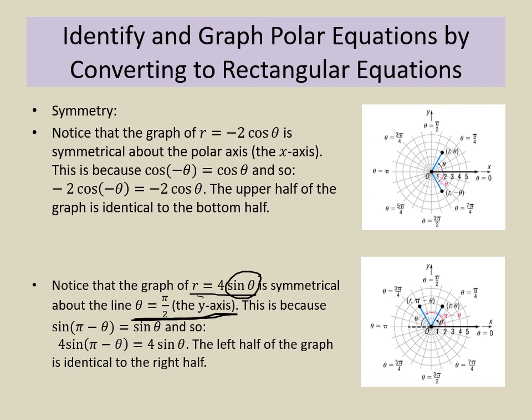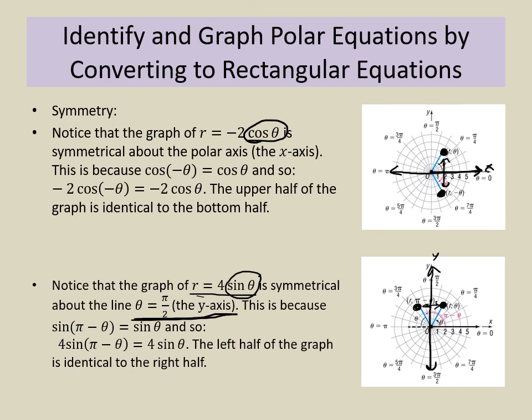So any point in polar coordinates that's going to be on that side is going to have its symmetrical point on the other side about the y-axis. And anything that has a cosine of theta is going to be symmetrical about this line right here, the x-axis or the polar axis. So any point above the x-axis is going to have its symmetry below. So you should write this concept down.